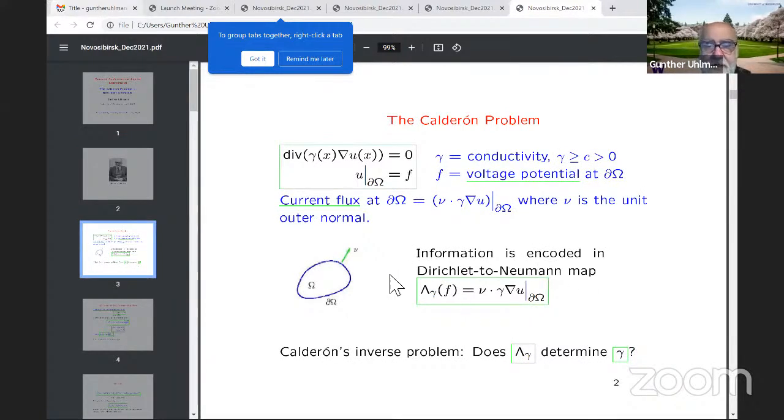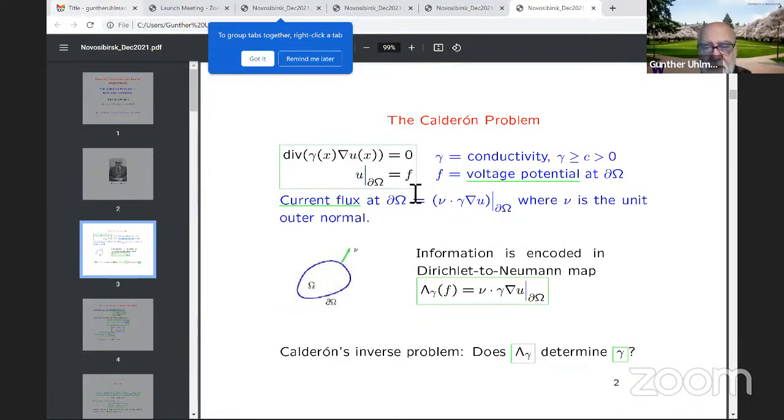The conductivity gamma is a positive function. If there are no sources of current or sinks of current, the divergence of the current is 0. The current is given by Ohm's law, gamma times the gradient.